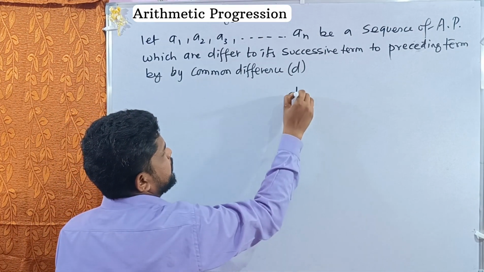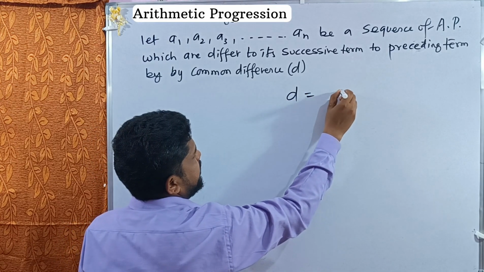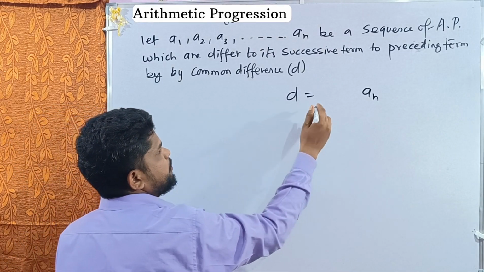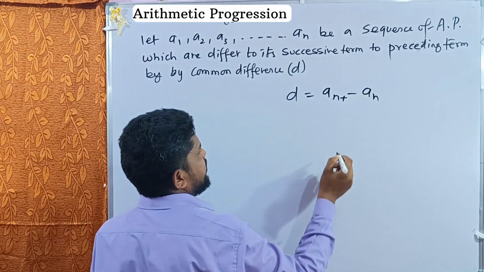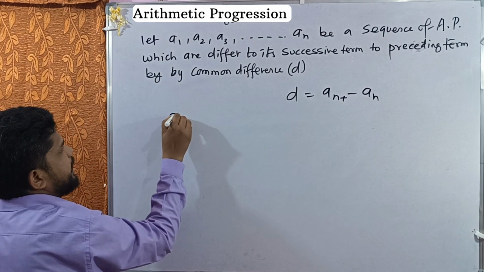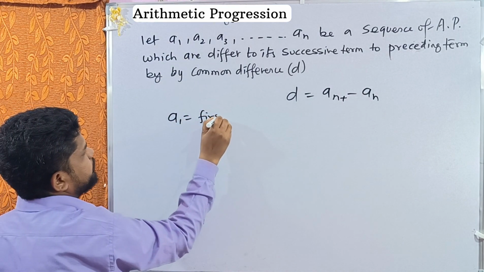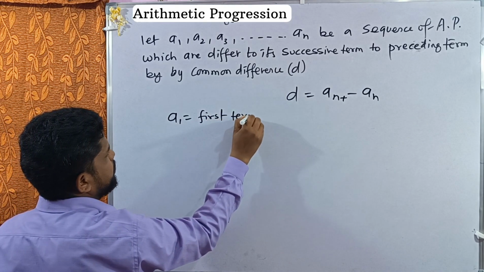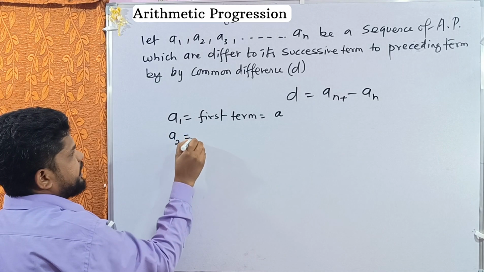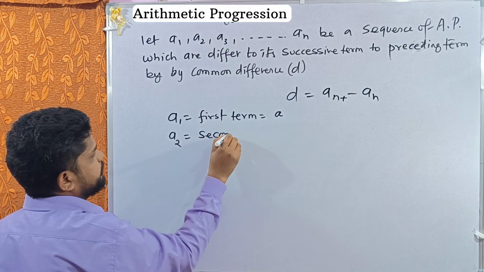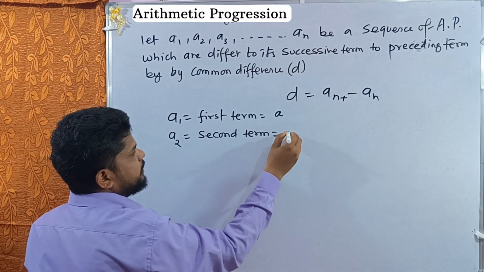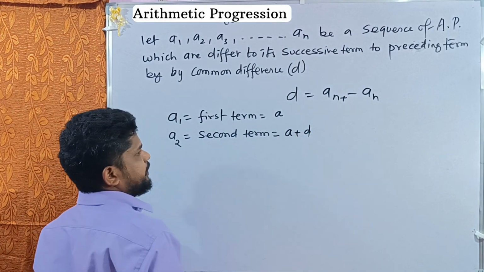Suppose a of n is some term, so the common difference will be a n plus 1 minus a n. Here a1 is the first term, which will be just a. The second term will be a plus d.